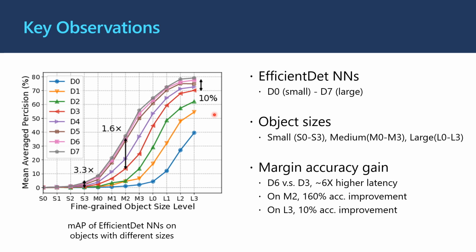For example, the model D6 is larger than D3. It requires about 6 times more compute power, shown in the figure. If putting this compute power on medium objects, we can get 1.6 times accuracy improvement. But if putting it on large objects, the gain is only about 10%.